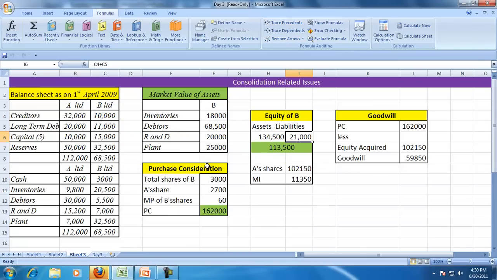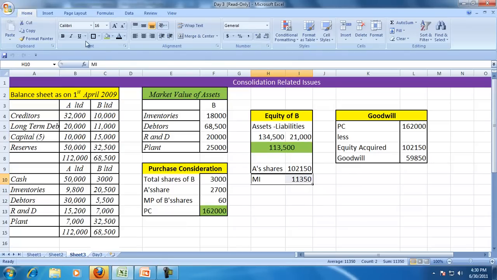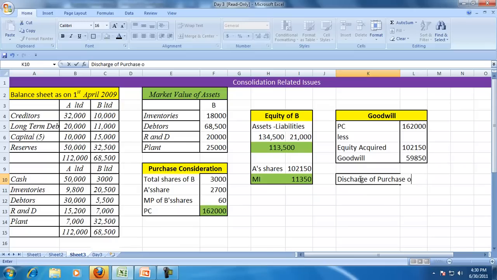Once I have the goodwill, purchase consideration and minority interest calculated, let me highlight this because this is the information that's required. Minority interest.